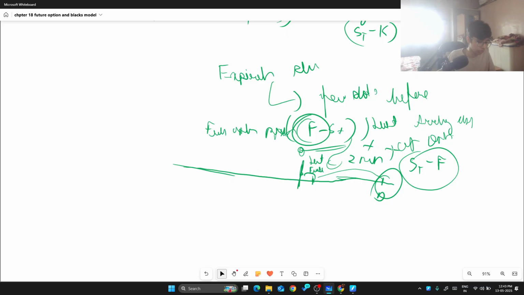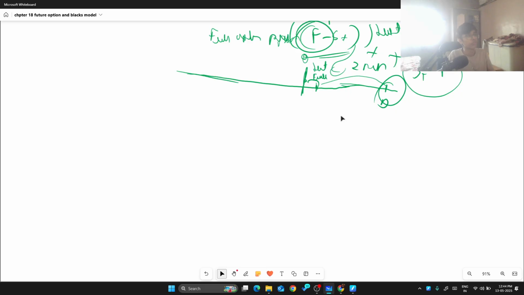That's the futures option. There are many futures options, like the option on an interest rate future. An interest rate future allows us to set the interest rate today, such as the 3-month SOFR interest rate.